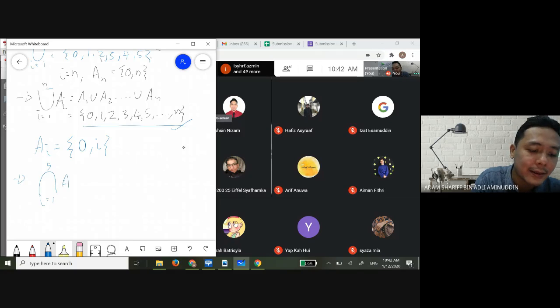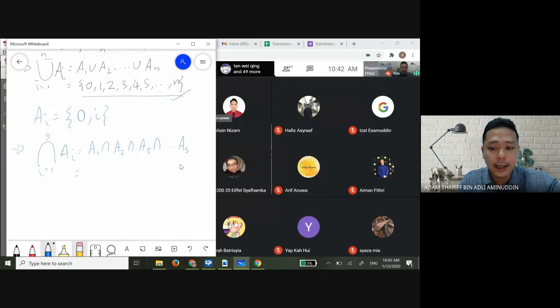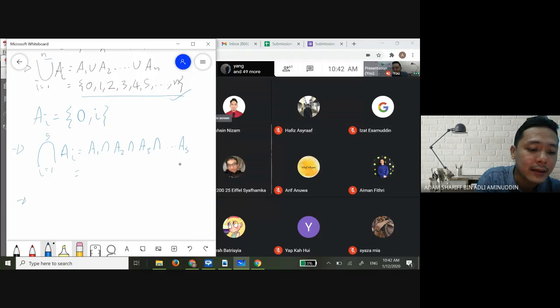Berapa? Intersection A1, intersect A2, intersect A3, intersect sampai A5. Berapa? You cari dulu and then try to extrapolate your idea. Besarkan idea kamu untuk sampai mencari what is the intersection of I equals 1 until n.